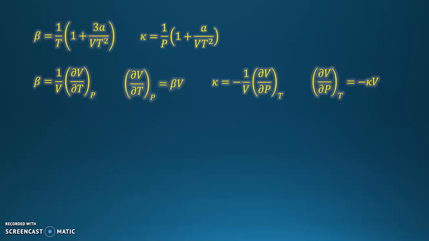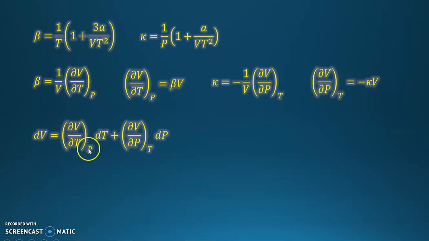Now, we must remember, as we saw in a previous video, if we suppose, for example, that v is a function of t and p, we can calculate its total differential like that. The total differential of the volume will be equal to the partial derivative of v with respect to t dt plus the partial derivative of v with respect to p dp.